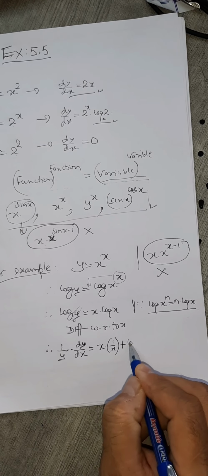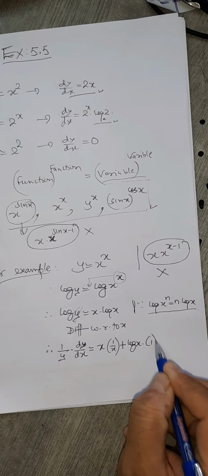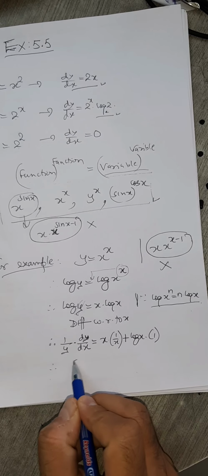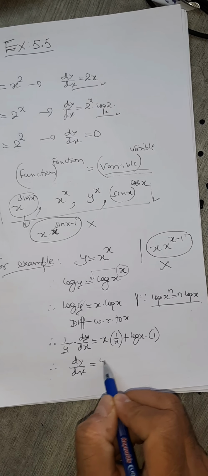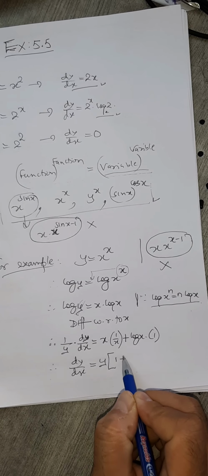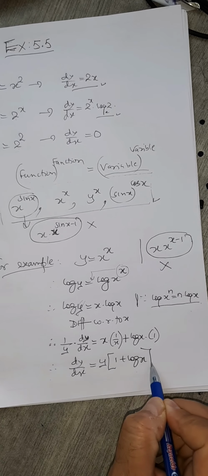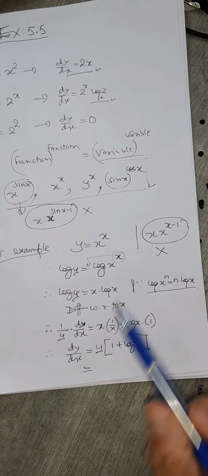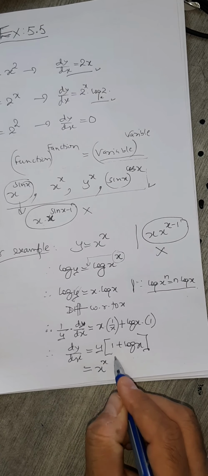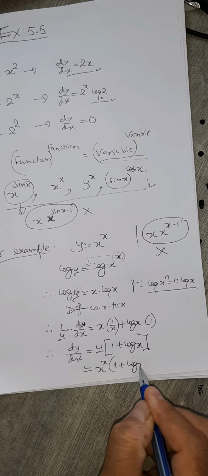Plus log x as it is, what's the derivative of x? 1. So therefore finally dy by dx equals, y will go this side, y into 1 plus log x. But what is y? y is in turn x raised to x. So your final derivative is x raised to x into 1 plus log x.